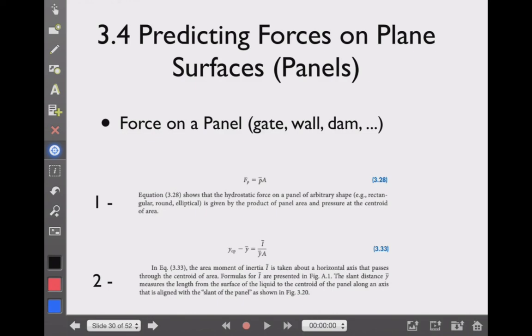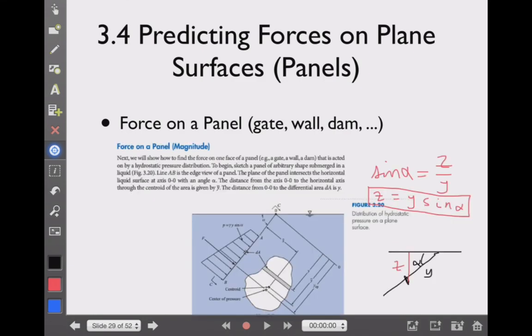The second thing that we'll find is the difference in the distances from the center of pressure to the centroid, and we'll see that it's equal to this equation here. So basically we're going to find the difference in the distances between these two things, which is this distance right in here. So we need to find the center of pressure relative to the centroid. That's going to be important for doing problems of this type.